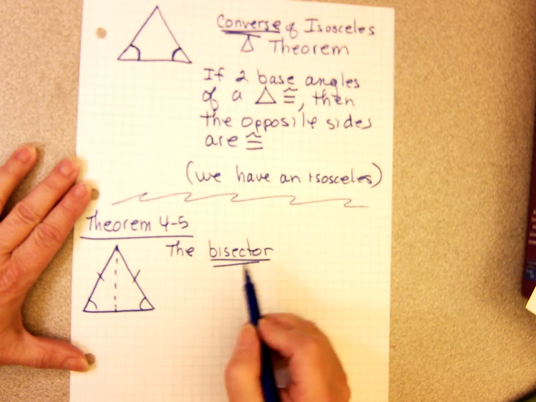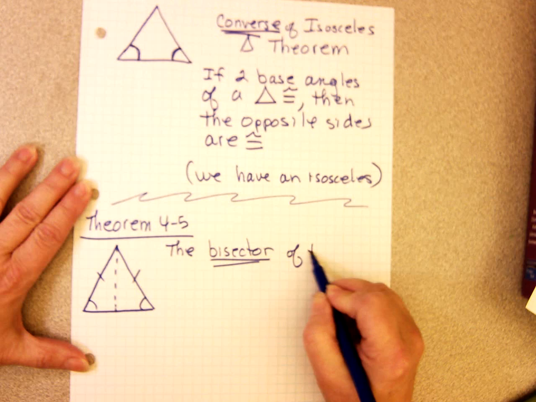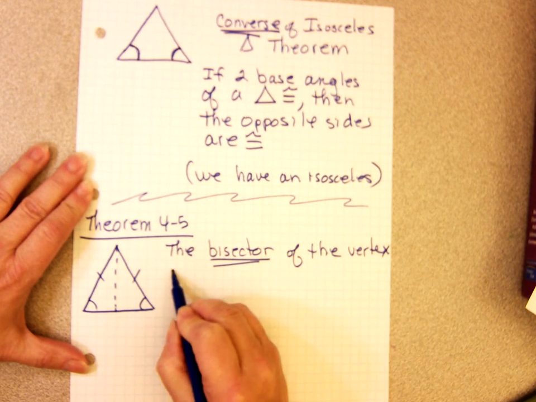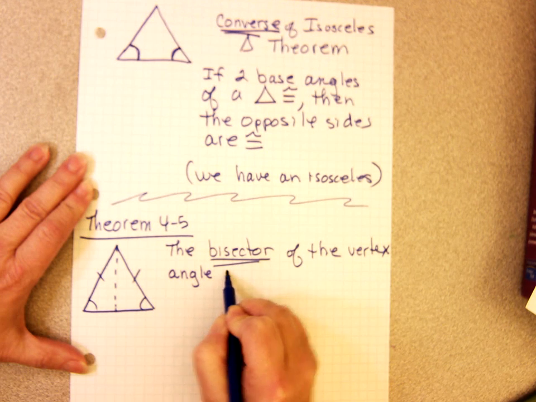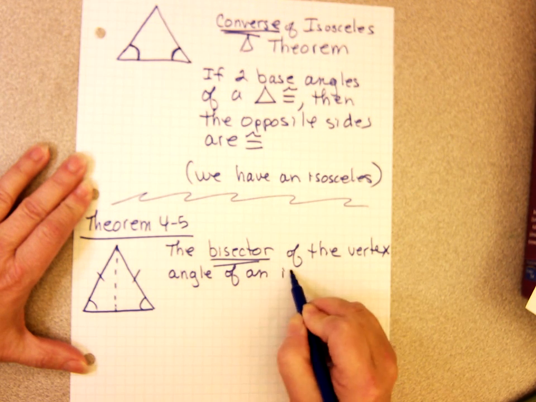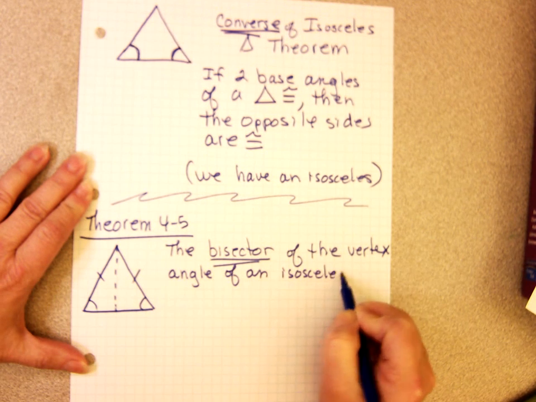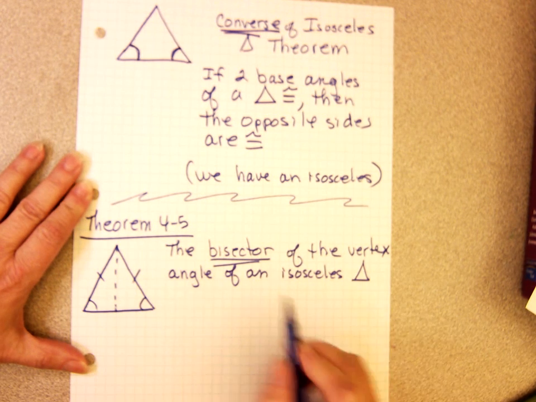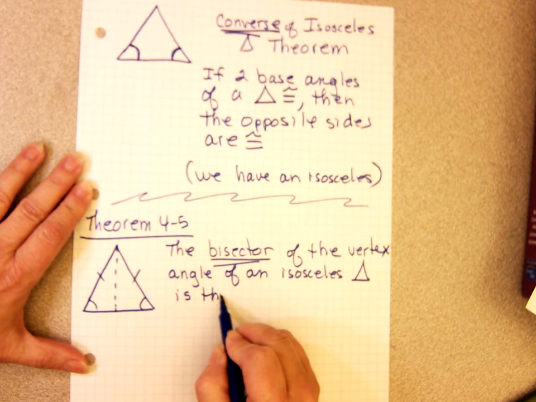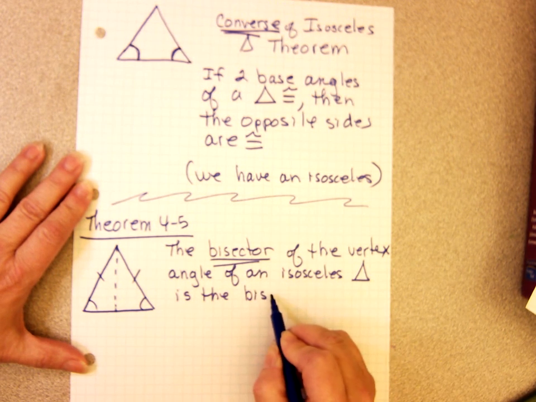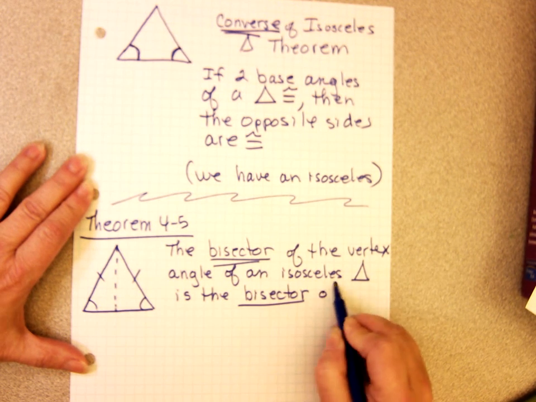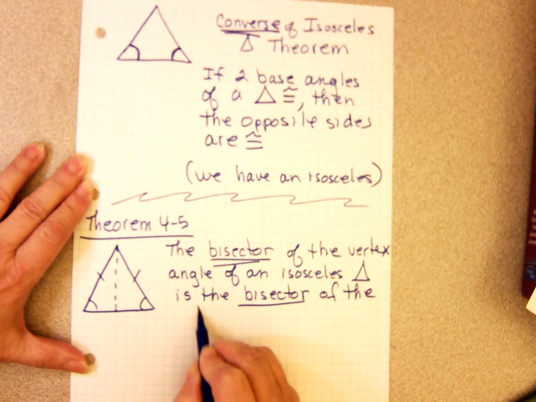So the bisector of the vertex angle of an isosceles triangle is also the bisector of the base.